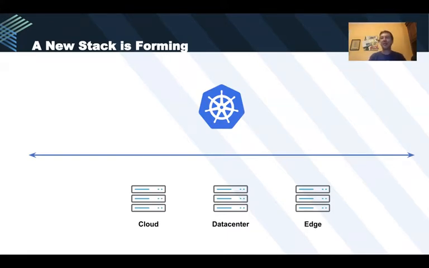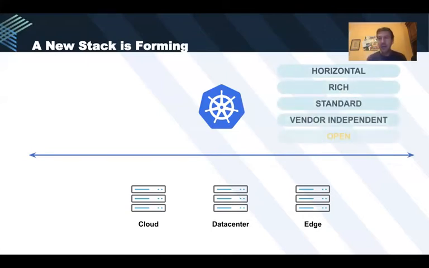Kubernetes in its data center incarnations, and Kubernetes in its edge incarnations like K3s, for example. Why is Kubernetes becoming the standard platform we adopt to write applications that can be orchestrated and run everywhere? Well, there are many reasons, but one of them is that Kubernetes is horizontal.